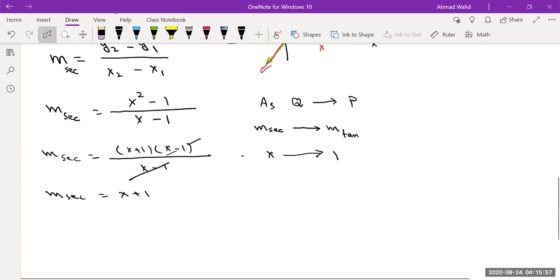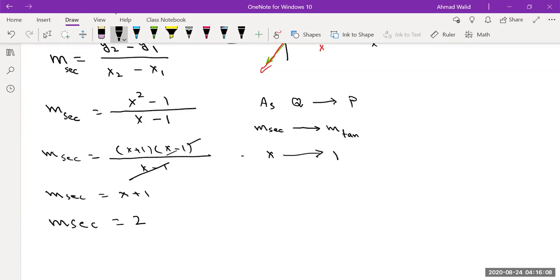And if I plug in 1 here, the slope of the secant line is 2. When Q is going really close to P, the slope of your tangent line is 2. Here you go. Now you have the slope.